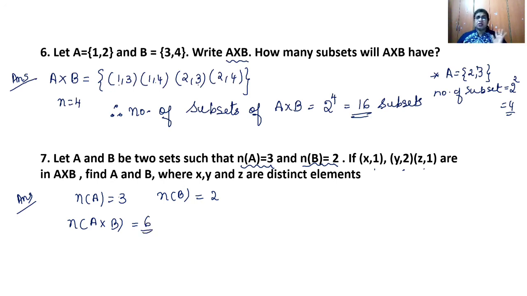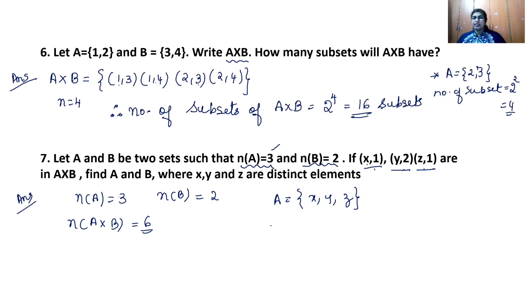They didn't ask me to write A cross B, so let us answer to the point. They've asked me to find the set A and the set B. In A cross B, A is the first set. With the ordered pairs given, look at the first elements. I can see 3 different elements, and I want 3 elements, so it is X, Y and Z, which are distinct.